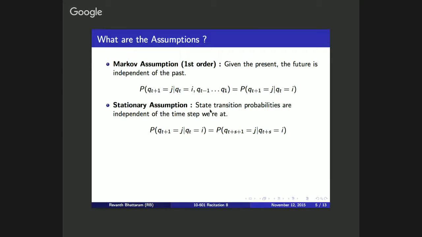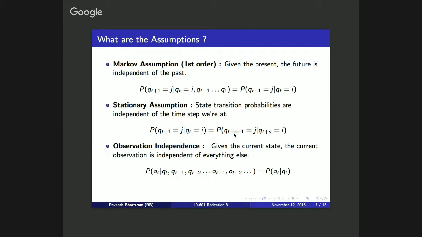So this is the transition probability that, given I'm at state I at some time T, I'm going to move to state J at time T+1. That is the same as the probability that if at some time T+S I'm at I, then at T+S+1 I'm at J. That's the stationary assumption.